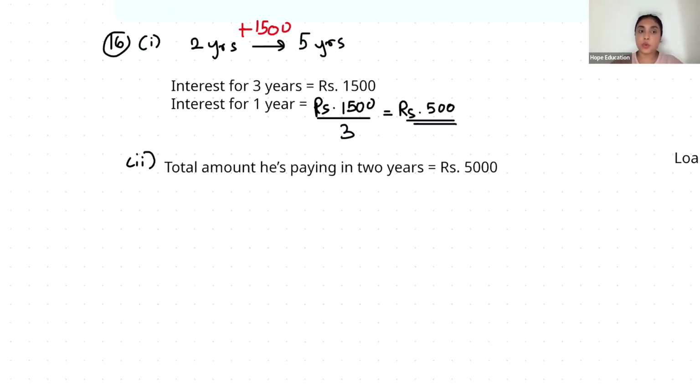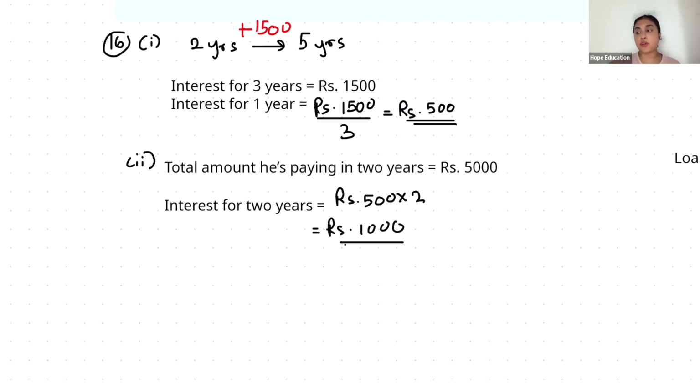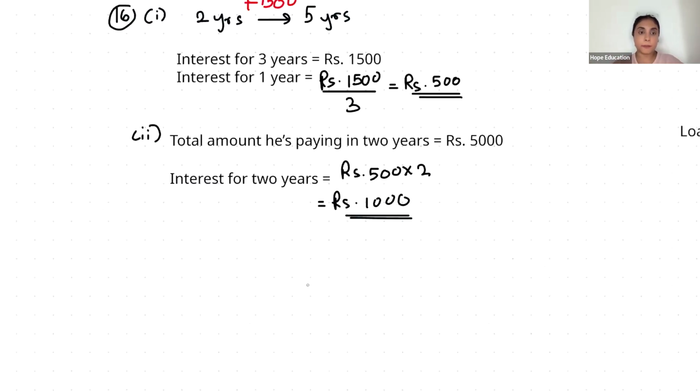What is the interest for 2 years? Now we know the interest for 1 year. Interest for 1 year is only 500, right? Then interest for 2 years would be 500 multiplied by 2. That would be 1,000. So if 1,000 is the interest for 2 years, and the total amount he's paying is 5,000, the rest of it must be the loan amount.